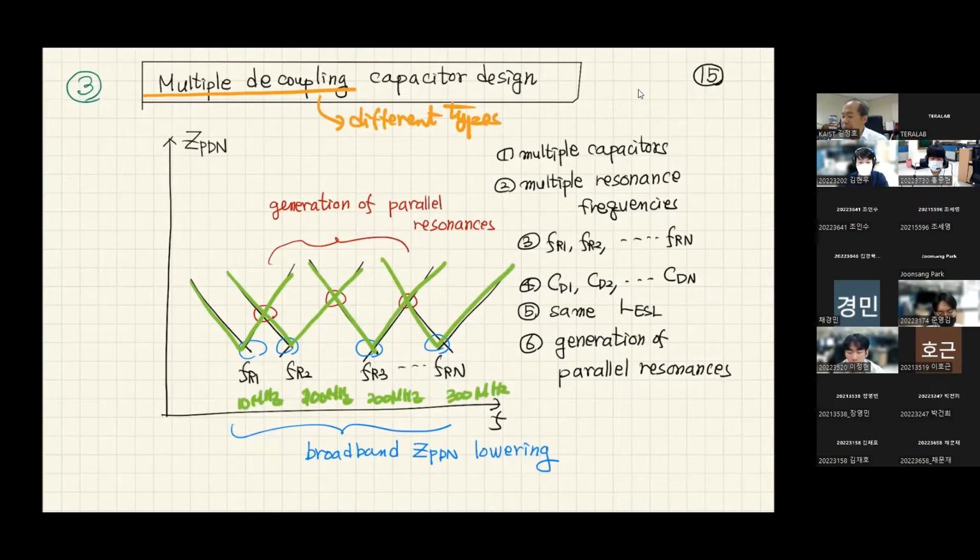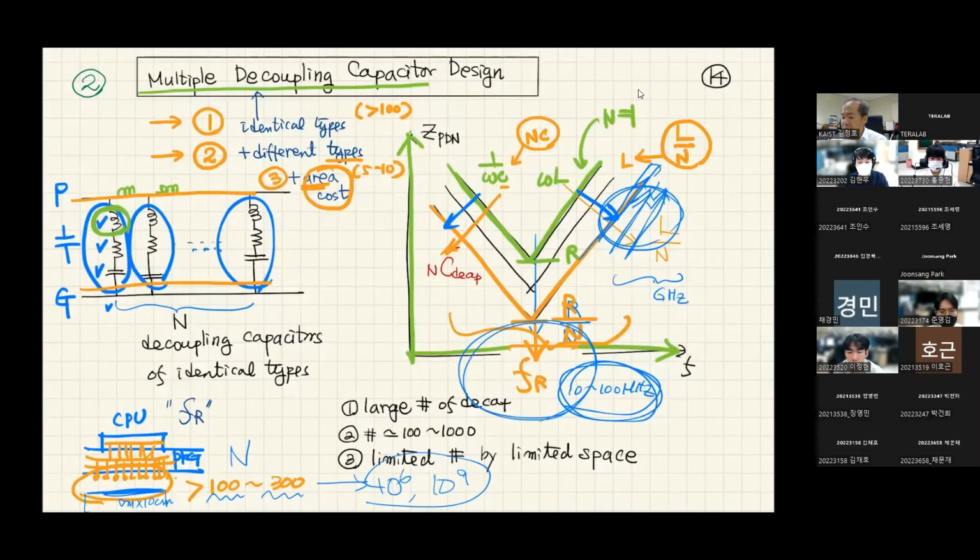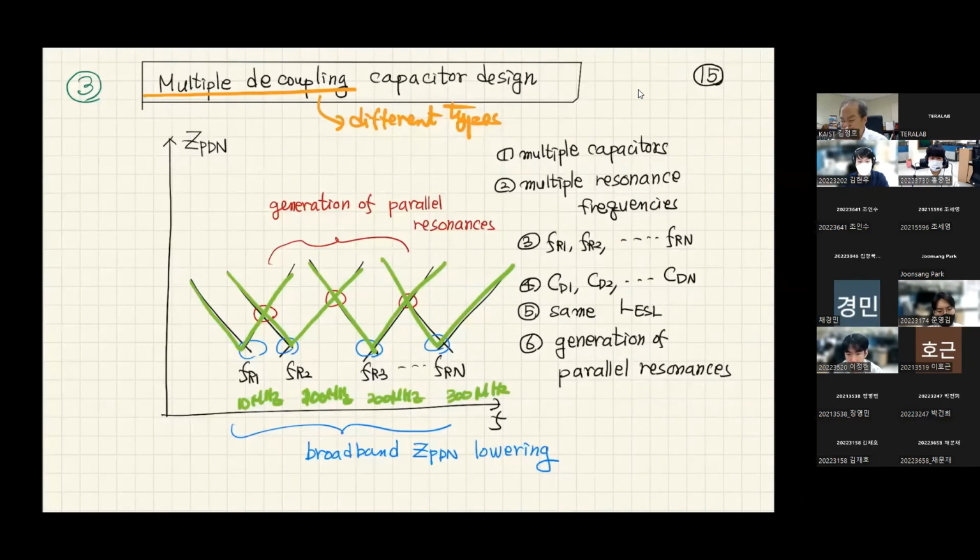In the previous slide, we were using the same type of decoupling capacitors. Because of that, we have identical resonance frequencies. But in this case, we have many different resonance frequencies. Of course, for each resonance frequency, we can put many identical decoupling capacitors.